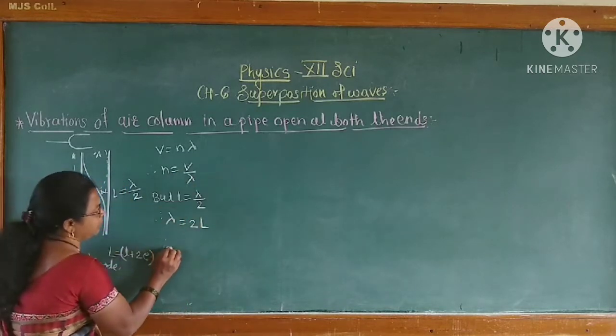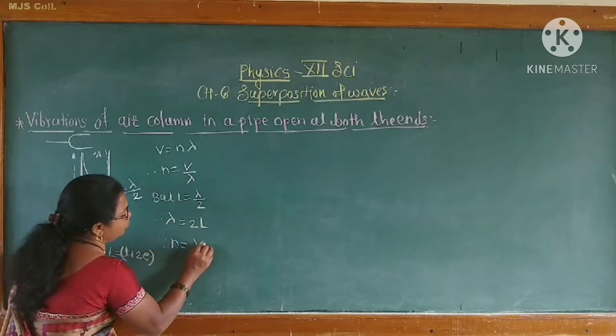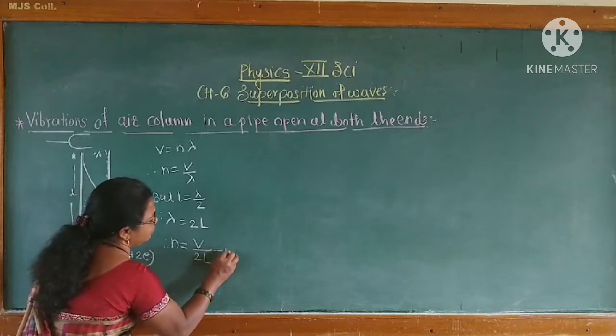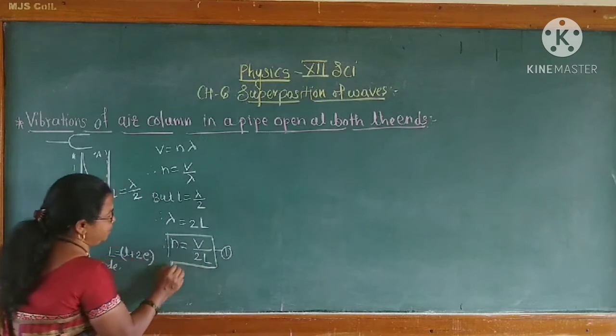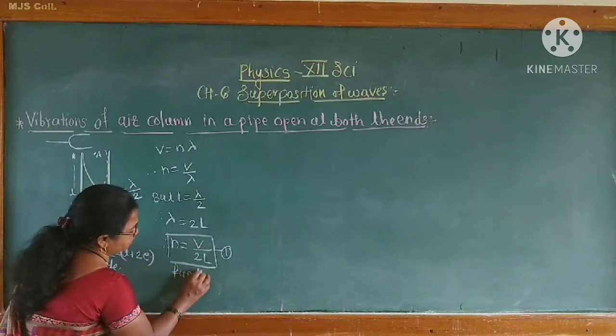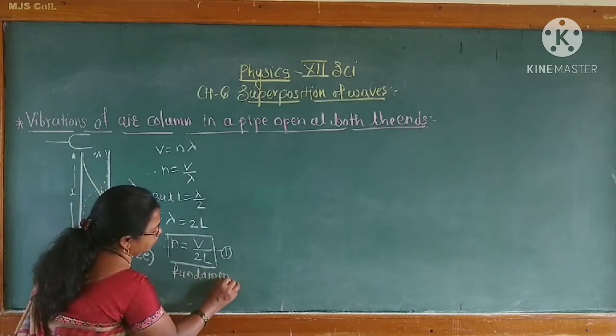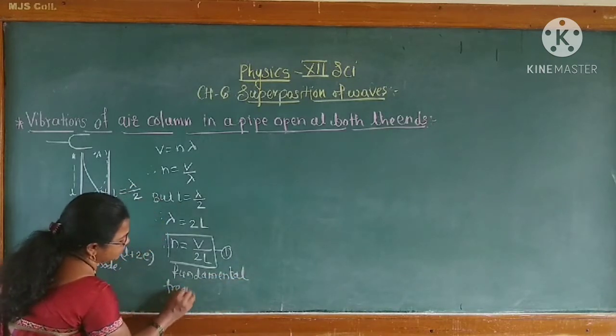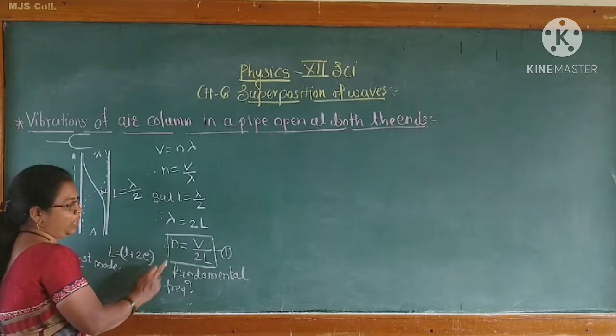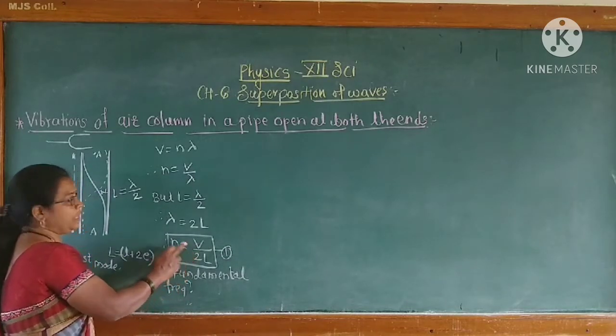Substituting this in the above equation, we get n is equal to v upon 2L. Equation number one. This is nothing but the fundamental frequency, the frequency of the first mode, n equal to v upon 2L.